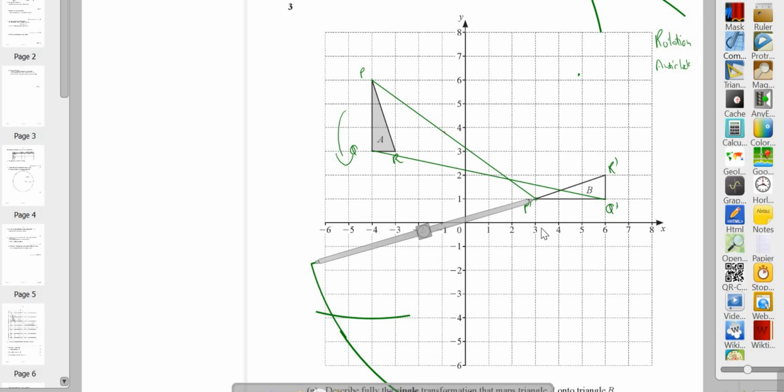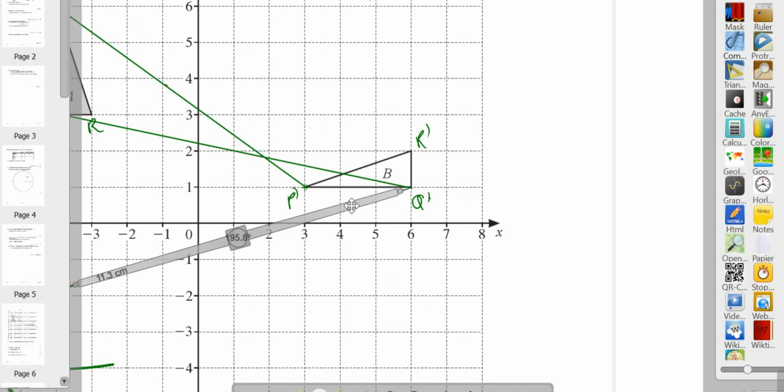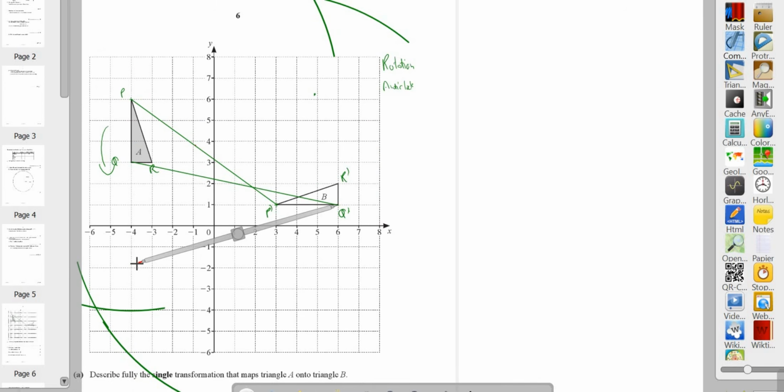Okay, and now let's make one at Q. I'll put it on Q, and I'll use a different color. You guys also use a different color. Let me make a big one like this. Then I'll go over here.